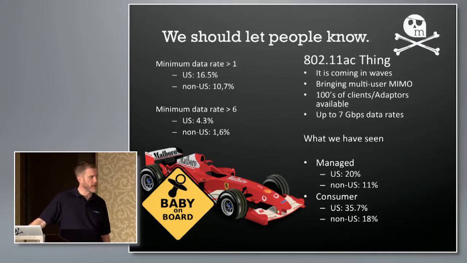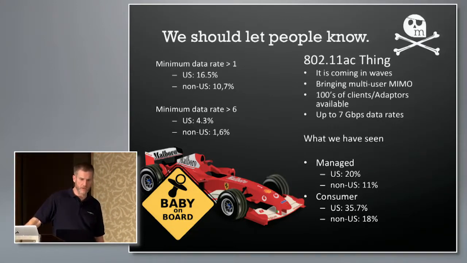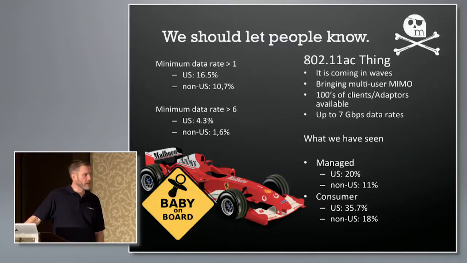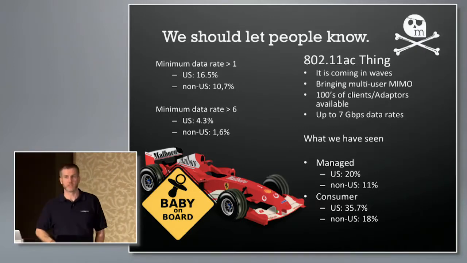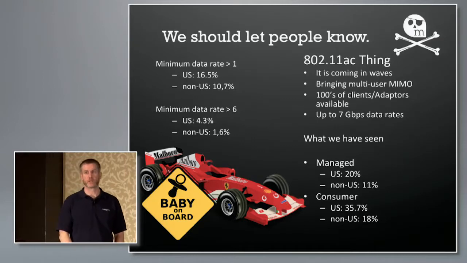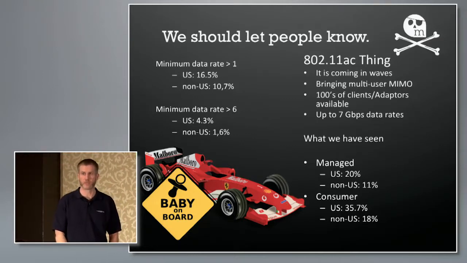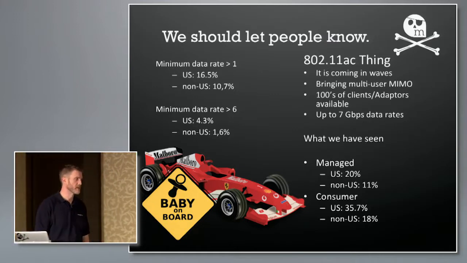Here I've got managed versus consumer. Managed, meaning enterprise business, is at about 20%, which is up. Six months ago, when we last gave this presentation, it was 9.8%, so it almost doubled in 6 months, which is fantastic.